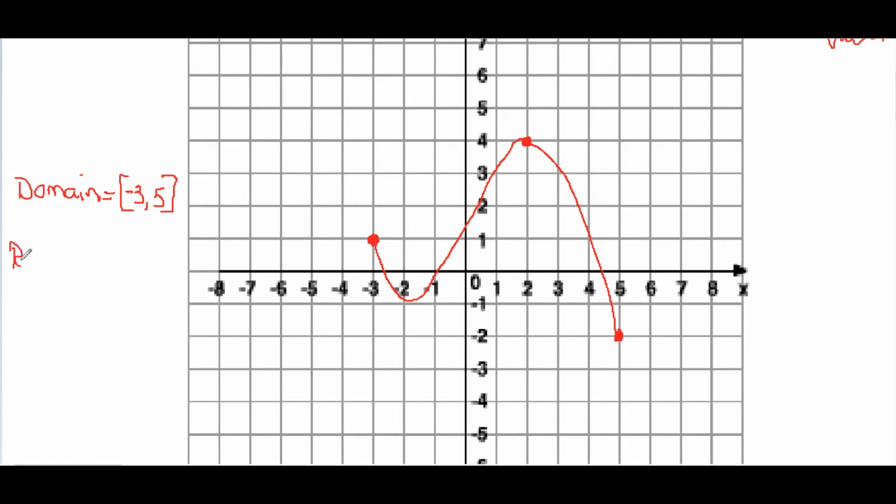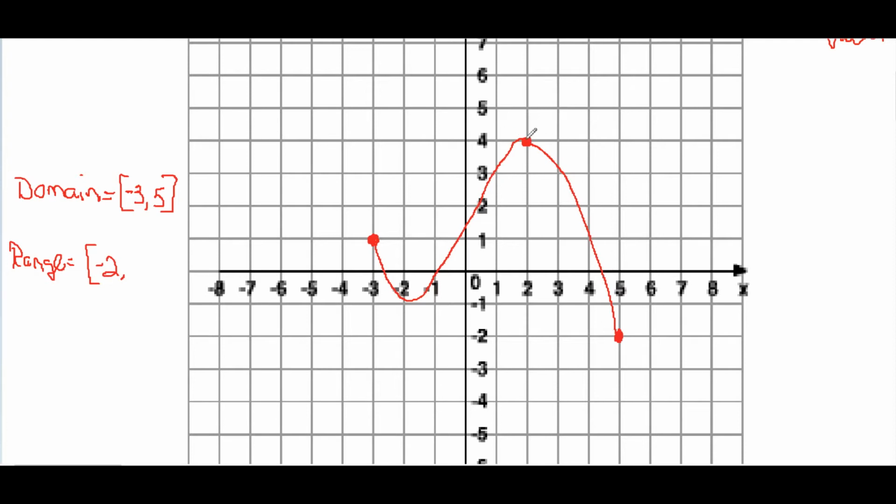The range works the same way, and we're going to look at the range. We go from smaller to larger. So the first number is this low point here, the lowest point on the y-axis, which would be -2. So it's a closed circle. I'm going to have a bracket, -2, comma, and now where's the highest point?